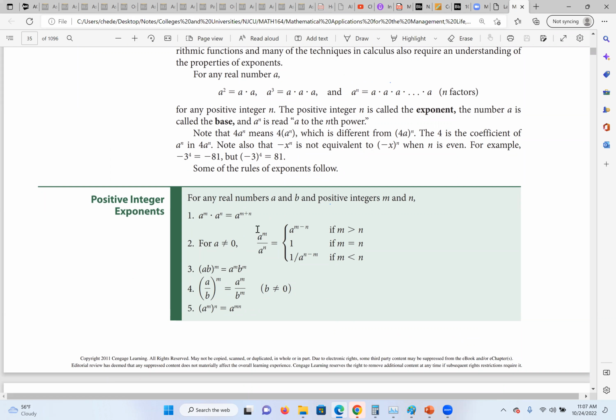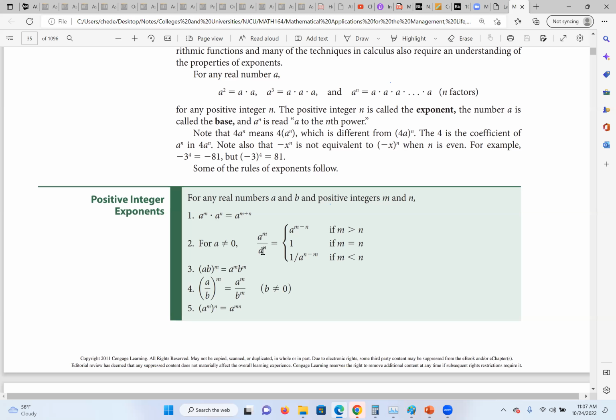And now, if you are doing division, as far as the denominator is not 0, if we have the base for the numerator and the base for the denominator, if they are the same, then we are going to subtract the exponents, the n from m, which is here.